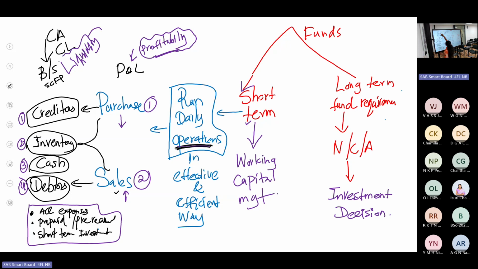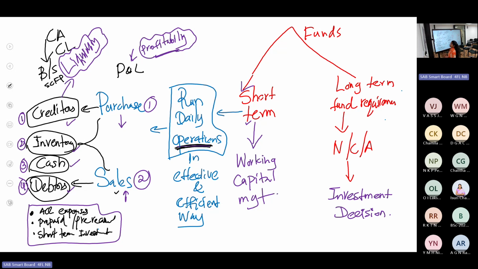Liquidity, right? So how can we confirm the liquidity? We know liquidity is the ability of a company to convert its current assets into cash. So if we have a particular amount of creditors, debtors, inventory and cash, that is highly impacting.